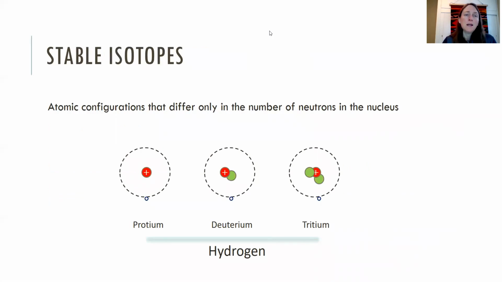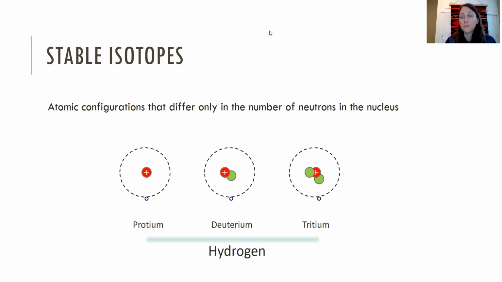And so an isotope is an atom that has a different number of neutrons in its nucleus. So for example, we have hydrogen, and you're probably used to hydrogen with just one proton and no neutrons at all. Okay, but if you are hydrogen 2, you're called deuterium, and you have both a proton and a neutron.